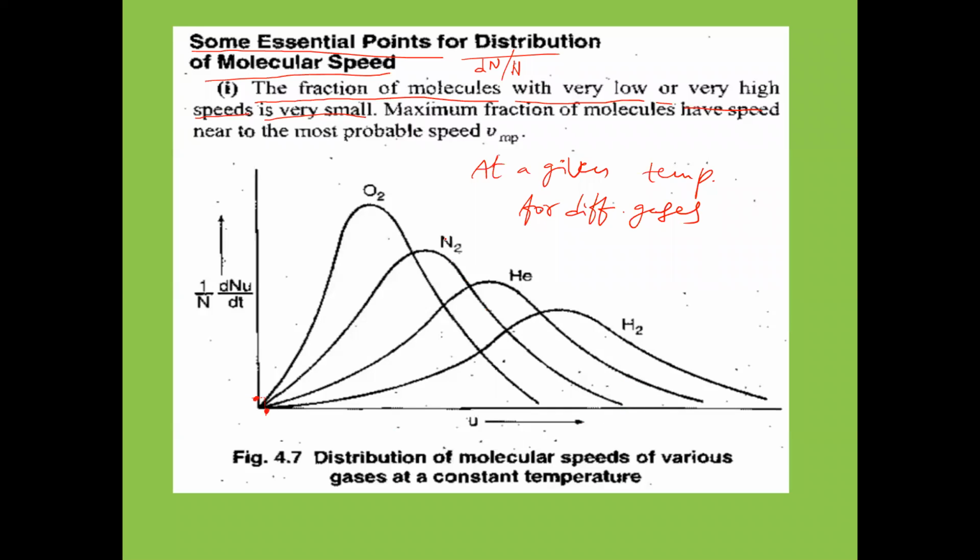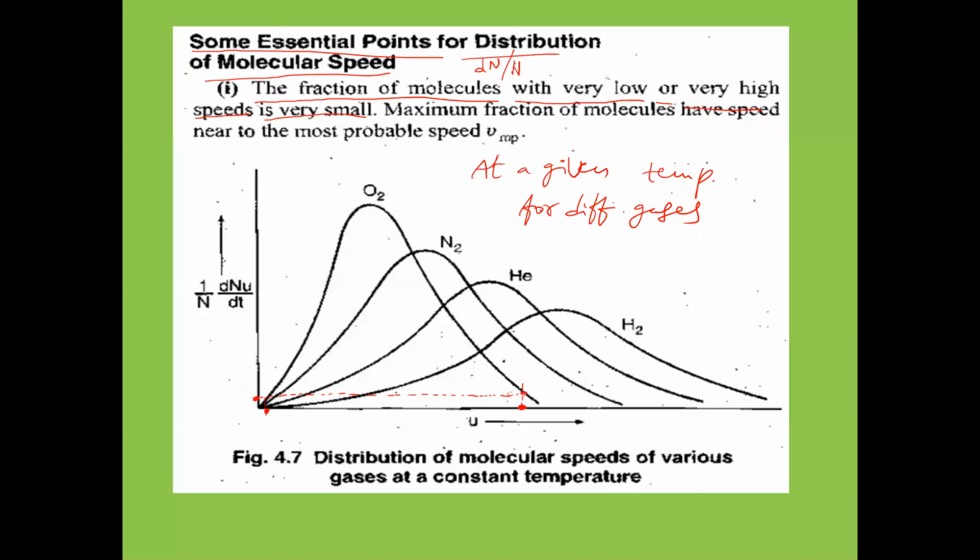And also you check on the same oxygen graph up to this point here, the magnitude of velocity is very high. This high velocity is also possessed by a less number of molecules.